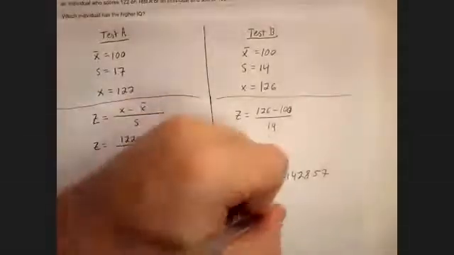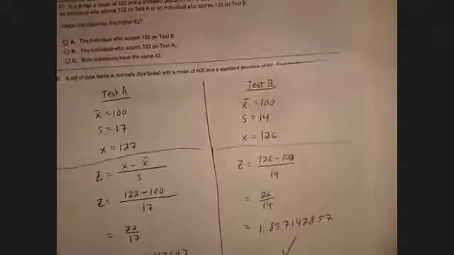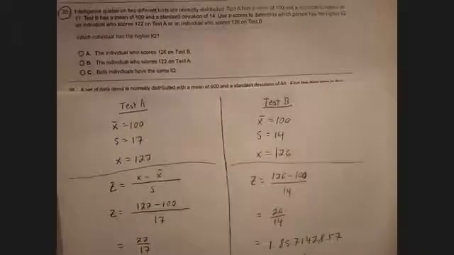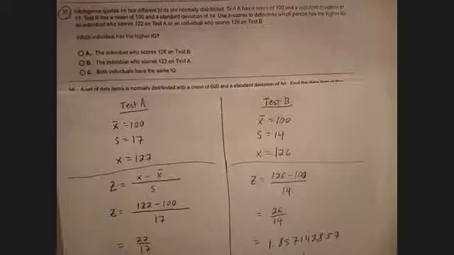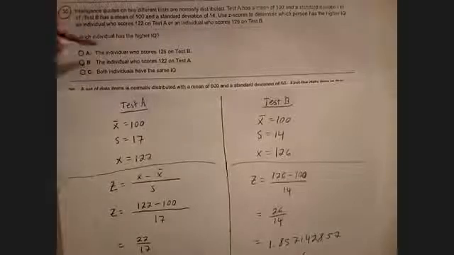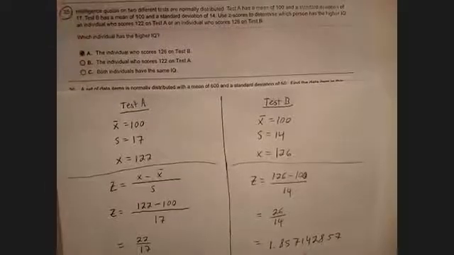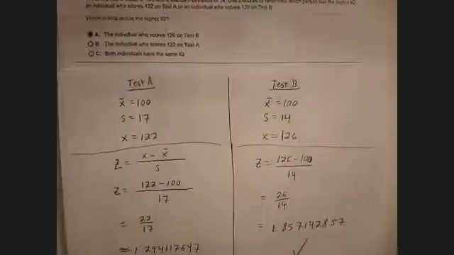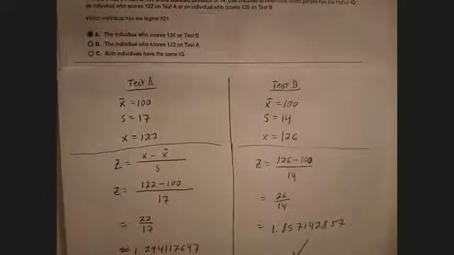So this is the winner. So let's see how they ask the question. The question says, who has the higher IQ? This guy does, test B. So the individual who scores 126 on test B, yes. So in the event that you had gotten the same number, then you would choose C, but it's probably just A or B.